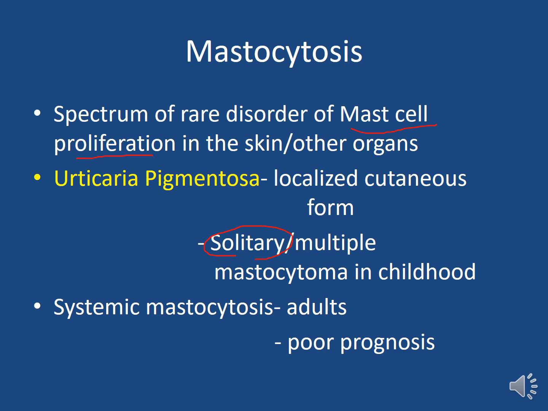Now, the systemic form, the widespread form, is usually seen in adults and is associated with poor prognosis.